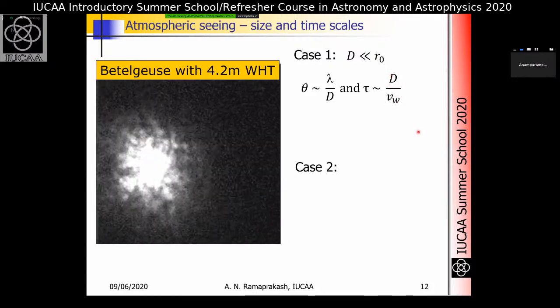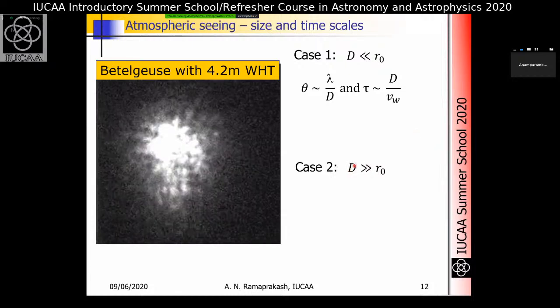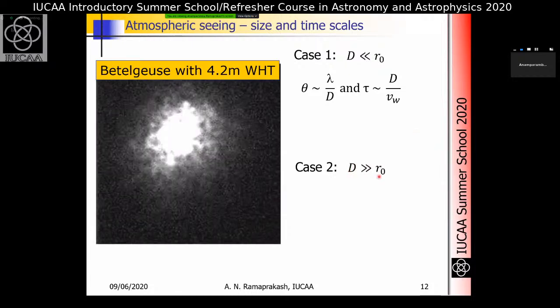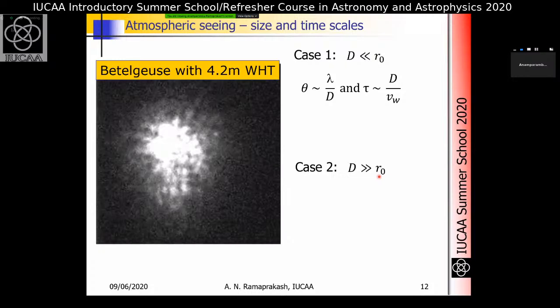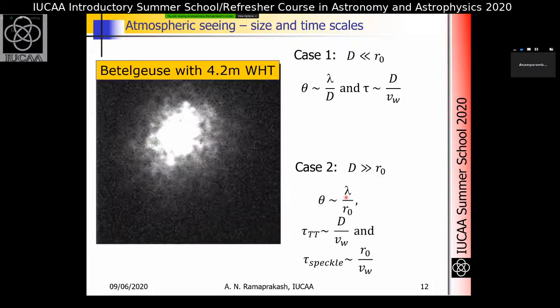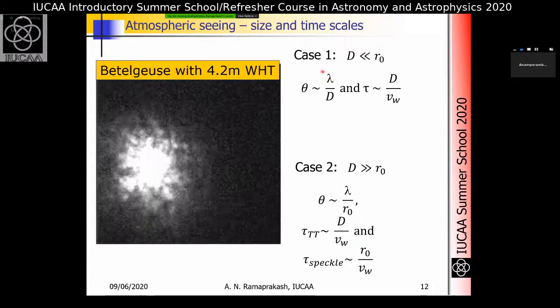In the other case, where the diameter of the telescope becomes much larger than the smallest eddy sizes in the atmosphere, theta is now given by lambda by R0, not by lambda by D.